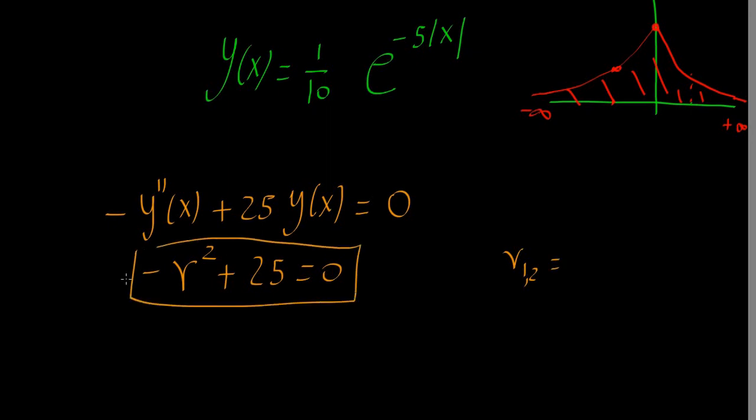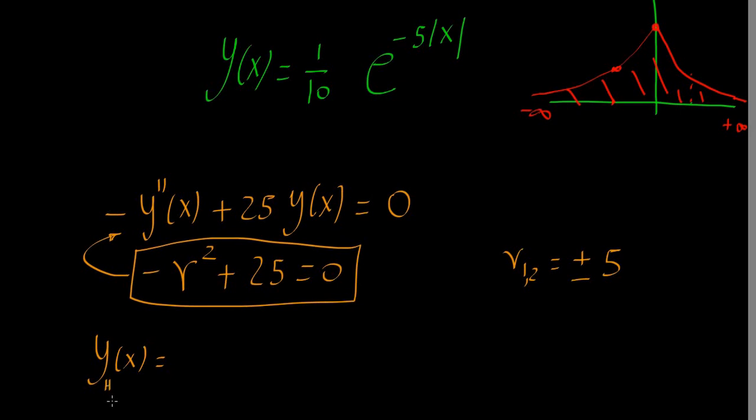This is called the characteristic equation of this differential equation. You can easily see that the two roots are plus and minus 5. So this is the case of the two real roots. So it's very easy for you to find the homogeneous solution.